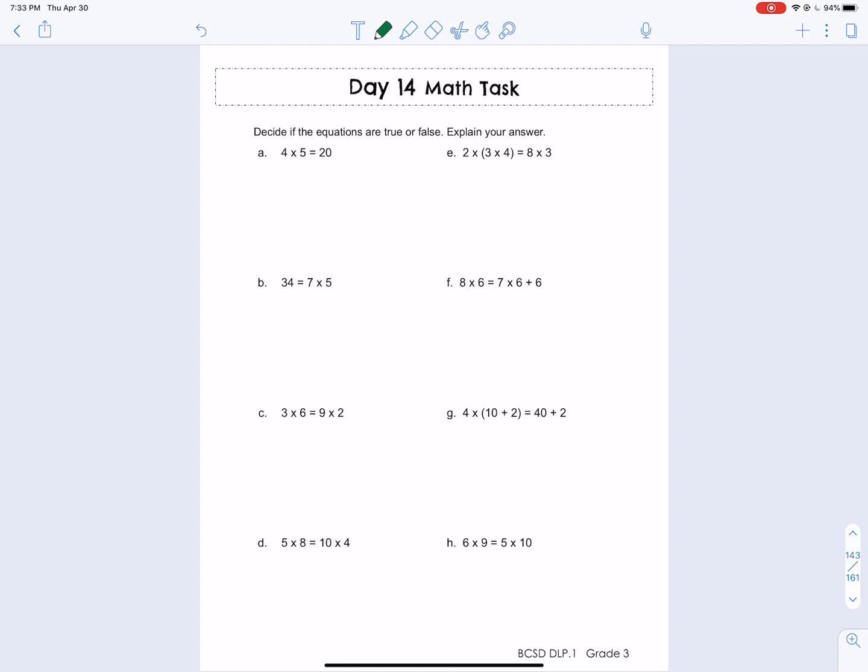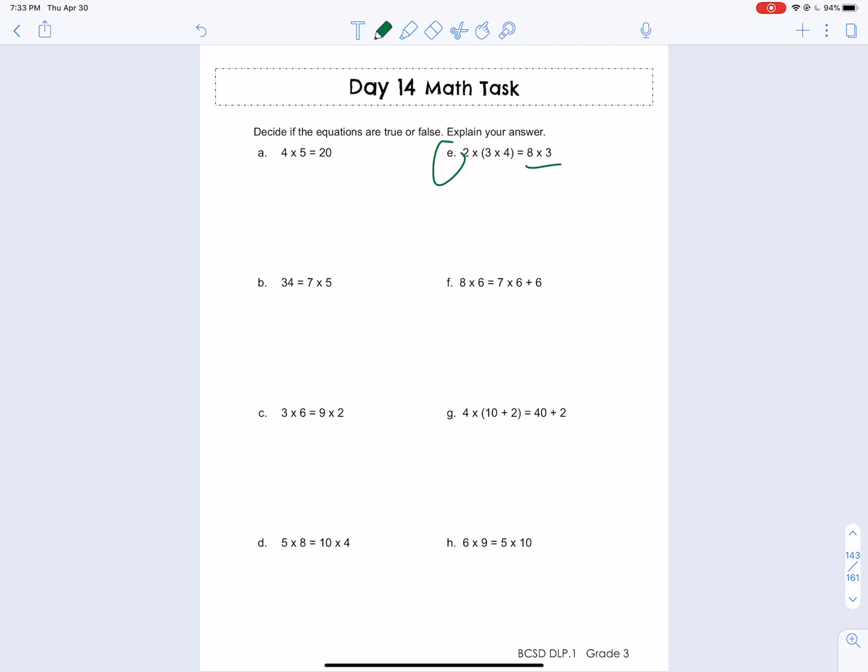Today we're looking at equations and deciding if those equations are true or false. A lot of times my students get tripped up with this because they look at the equation and they see things like the letter E and they say, well, Mrs. Whitman, why are there two numbers after the equal sign?